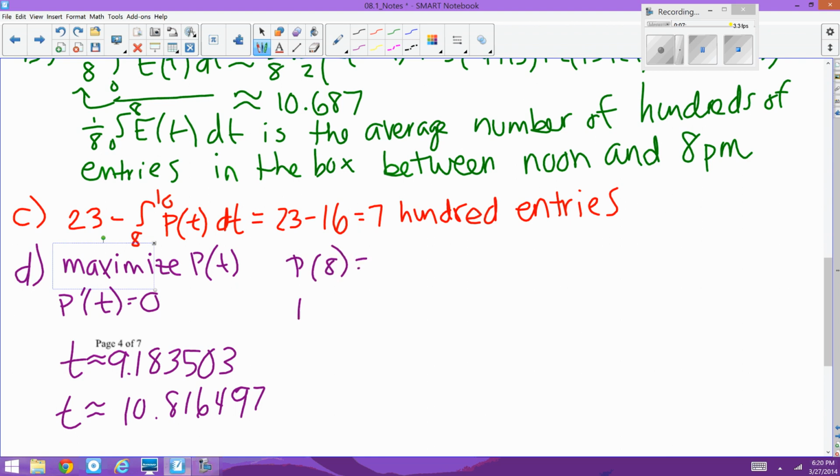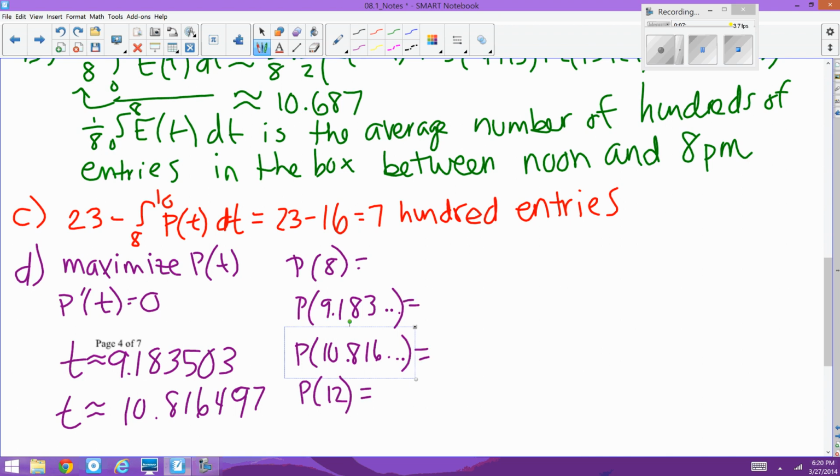P of 8, P of 9.183..., P of 10.816..., and also I'm going to check my other endpoint of midnight. So when it's being processed most quickly, plug these in, I get 0, I get 8, and I have these numbers. And you don't have to write this many decimals, but I am.